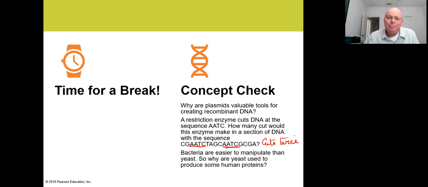Bacteria are easier to manipulate than yeast. So why are yeast used to produce some human proteins? So here you need to know something about yeast that I haven't told you. You remember we talked about plasmids for engineering bacteria. Well, there is a yeast equivalent to bacterial plasmids.